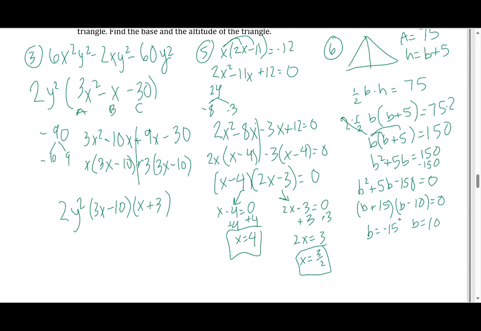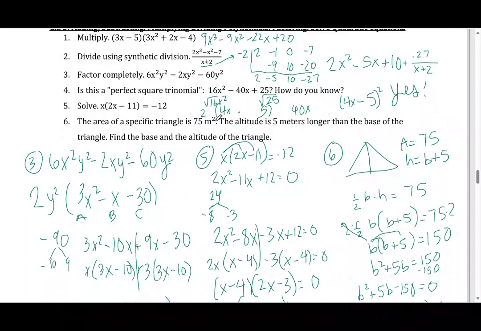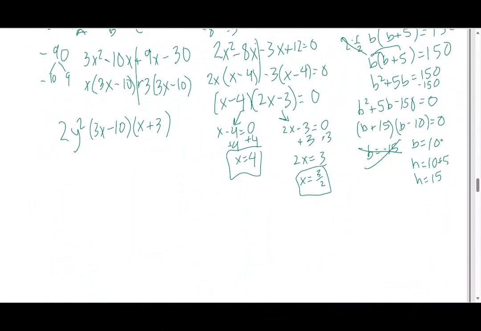Now we can't have a negative 15 base of our triangle, so we're just going to ignore that one. Our base is 10. Our height is 5 more than that, so the height is 15, and let's check our units on this one. Meters, so we got 10 meters for the base and 15 meters for the height.